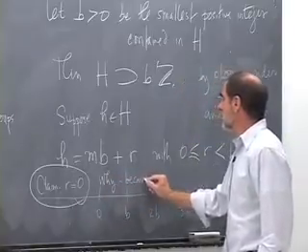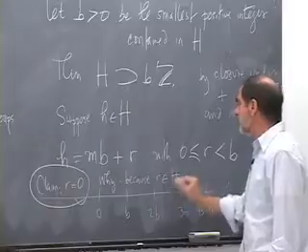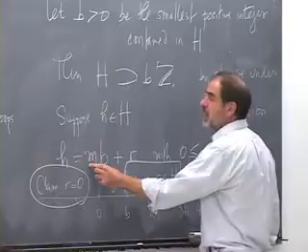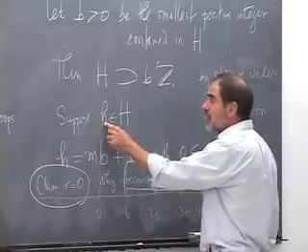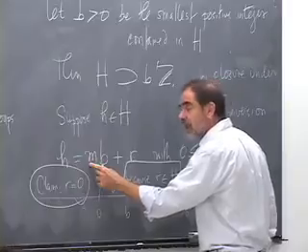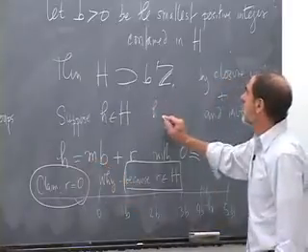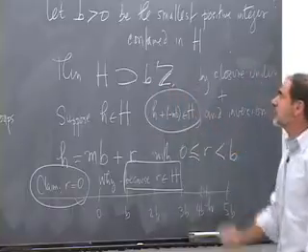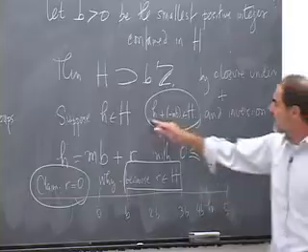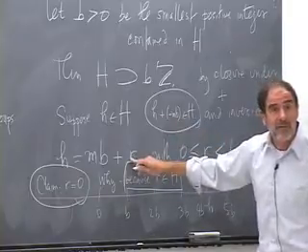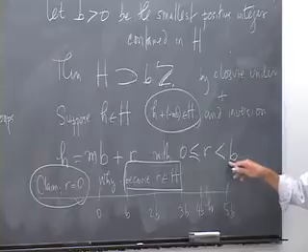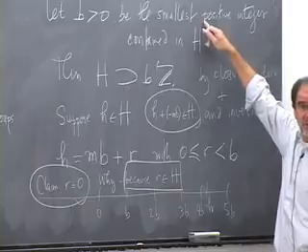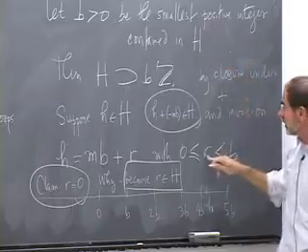Because r is actually an element in H. B is in H, so the multiple of B is in H. h is in H. So if I take h and I add to it the inverse of this, I get something in H. h plus minus mB is in H, by the fact that H is closed under inversion and addition. But h plus minus mB is r. r was assumed to be a positive number less than B. B was assumed to be the smallest positive number in H. So the only way this can be the case is if the remainder is 0.